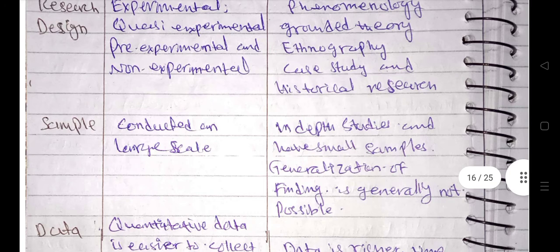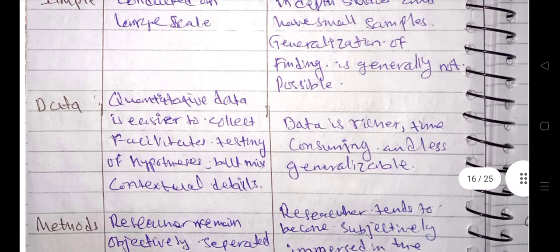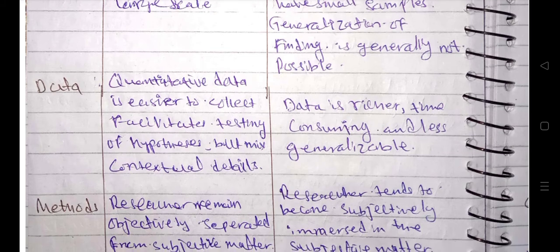As far as samples are concerned, in quantitative, we have large samples and random method of sampling is used, whereas in qualitative, in-depth studies and small samples, right, are there. And further, as far as data is concerned, in quantitative, as the name indicates, data in numerical form, easier to collect, facilitate testing of hypotheses, right?